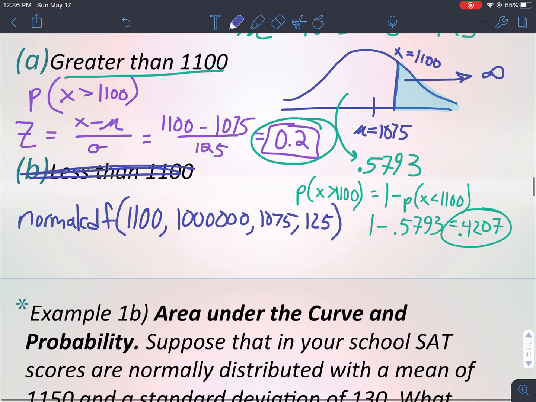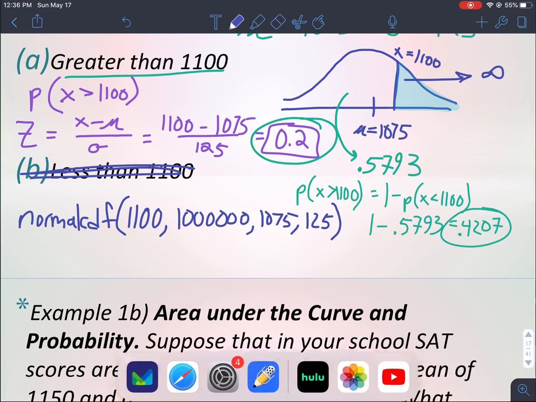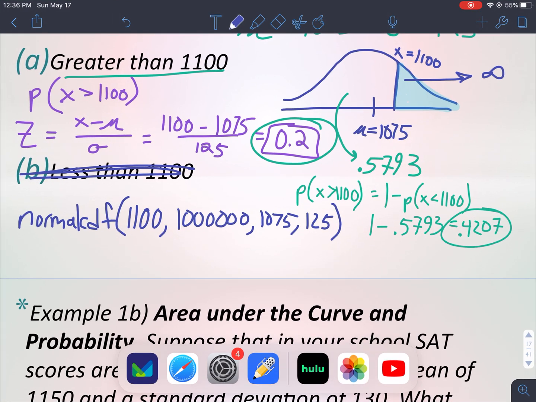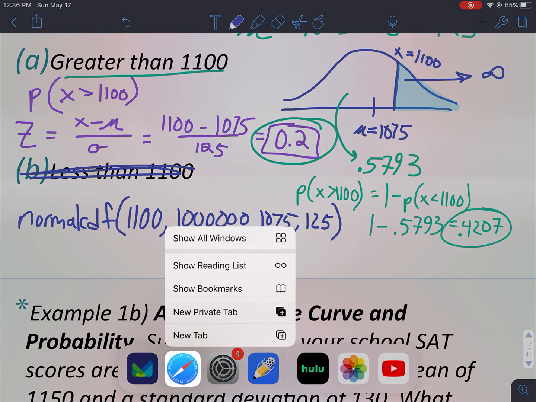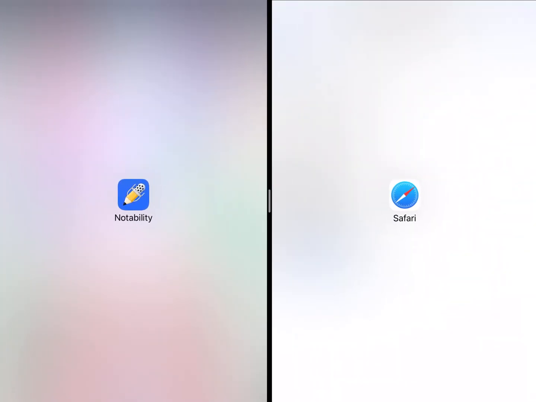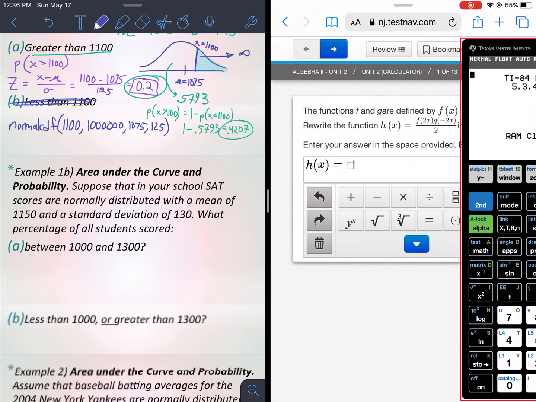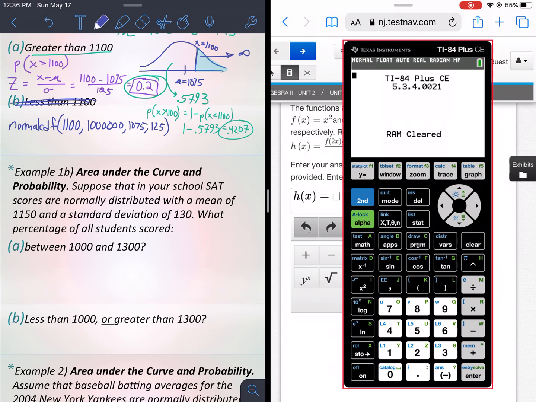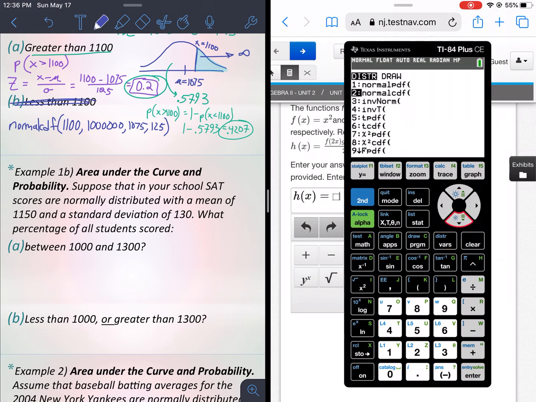So let's put this into the calculator, and hopefully we get an answer that's really, really close to 0.4207. Let's pick normal CDF. The lower limit is 1100.